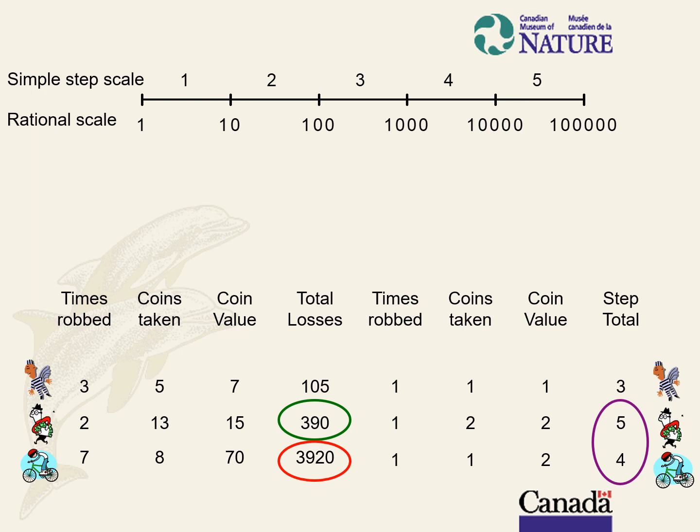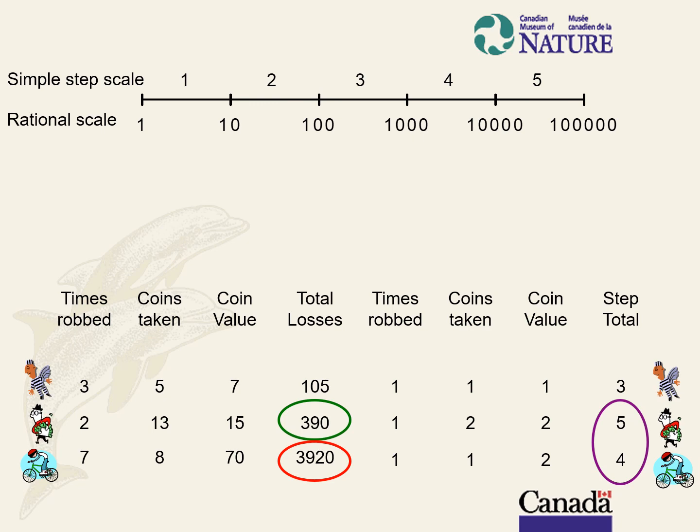He gets a rank of 5, a full step higher than the bicycle thief. Because this is a logarithmic scale, a full step suggests it's 10 times worse, when in fact the running thief is 10 times less significant than the bicycle thief.